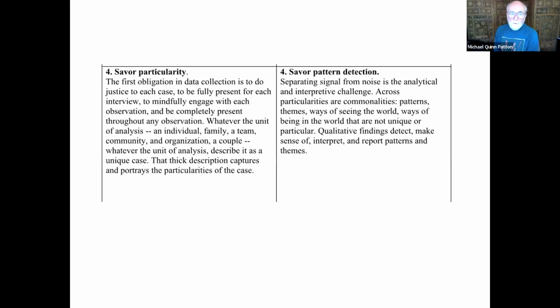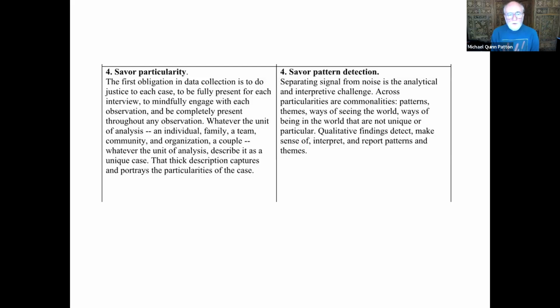Savor particularity. The first obligation in data collection is to do justice to each case, to be fully present for each interview, to mindfully engage with each observation, and to be completely present throughout any observation. Whatever the unit of analysis, individual, family, team, community, organization, a couple, describe it as a unique case.